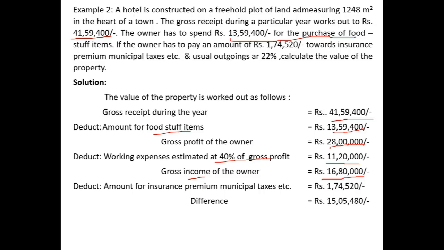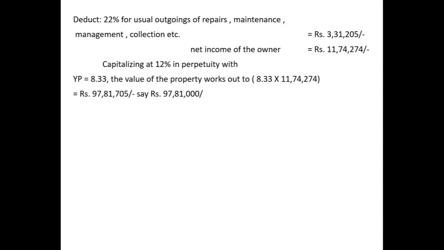Other things given to you are insurance premium, municipal taxes, etc., given as 1,74,500. You deduct this, that will give you 15,05,480. Then usual outgoings are given at 22% of this, that will be 3,31,205. So net income will be 11,74,274.